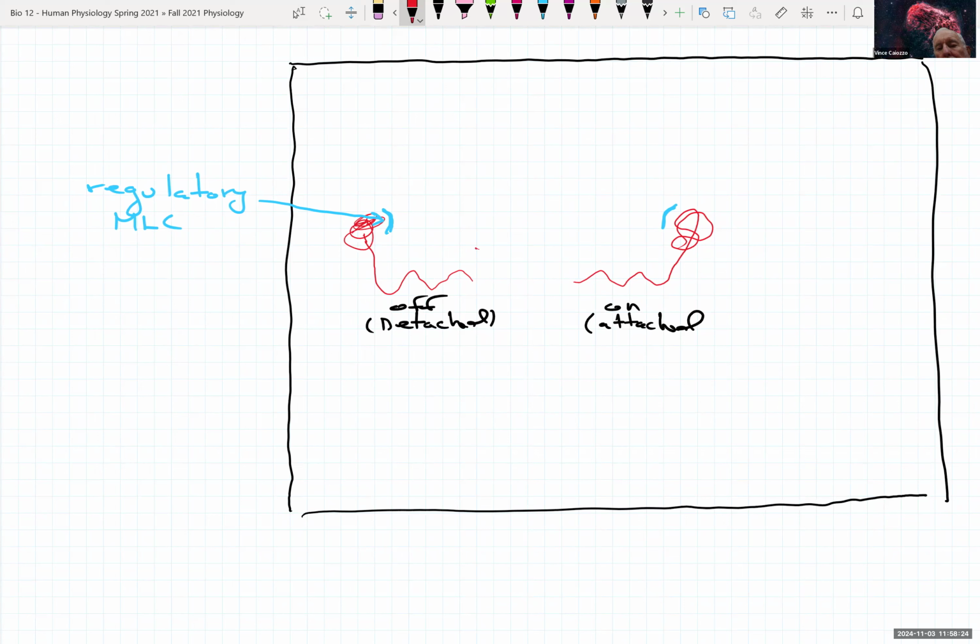So here I'm going to draw a red arrow showing the myosin molecule transitioning from an off to an on state. And this transition is determined by the activity of the myosin light chain kinase.